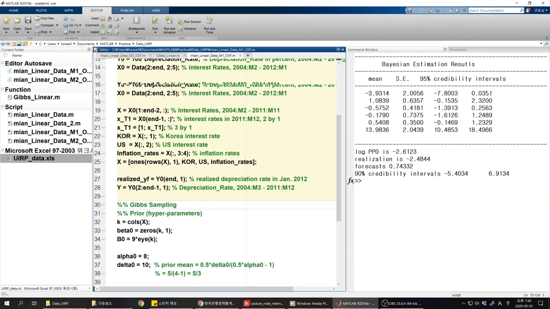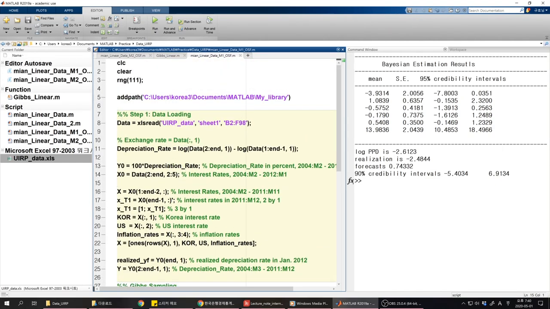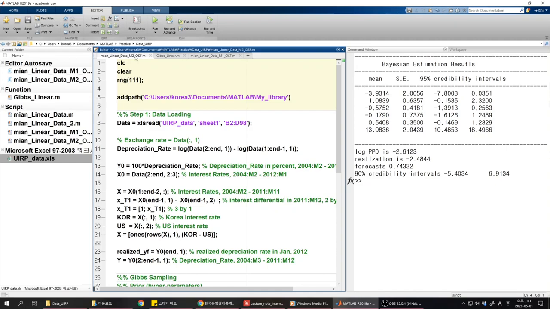Okay. Now let me extend model 2 this time. In model 2 it is still A, B, C, D, E, F, the same as before. Now X0 is 2:2, 5.